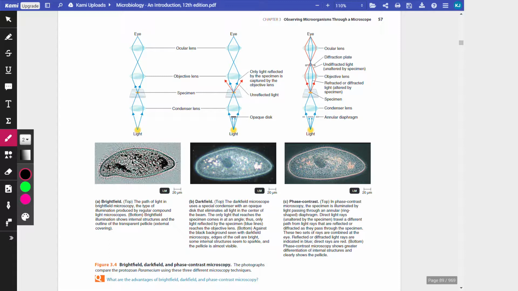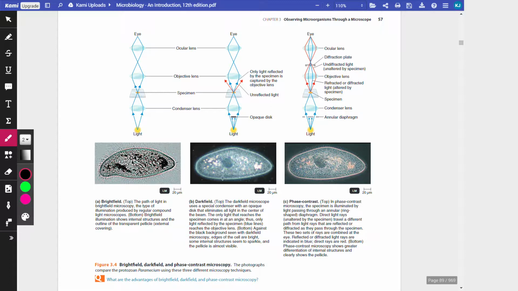For example, a bright field makes you view everything with a bit of a whitish background, and it makes the cilia on your specimen a bit more visible. But some of the better ones, I'd say, would be dark field and phase contrast, because you're able to see a bit more of what's inside of your organism, even better with phase contrast here.